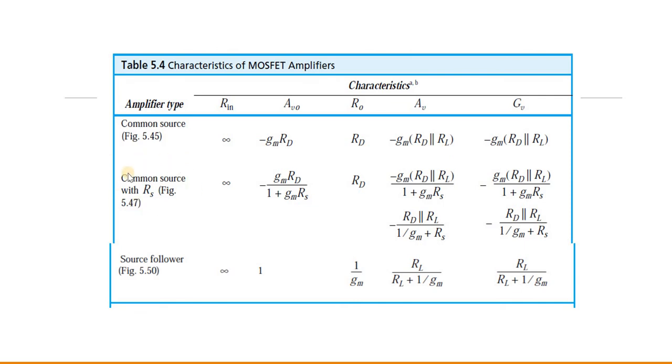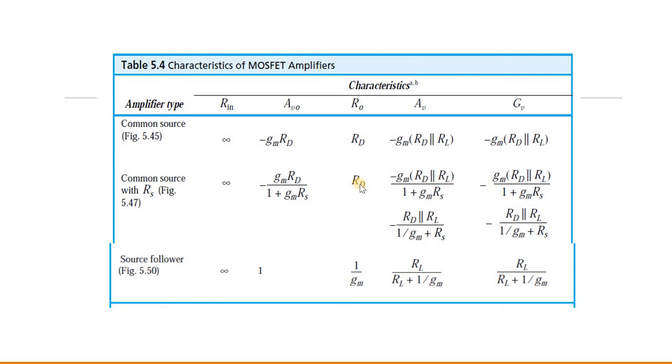And when we come to the common source with source resistance, Rin is infinite. Open circuit voltage gain is reduced by the factor 1 plus Gm into Rs. So you compare these two equations, open circuit voltage gain, how does it differ? It differs by this factor, that is 1 plus Gm into Rs. So in your common source with Rs, the gain is reduced by the factor 1 plus Gm into Rs.